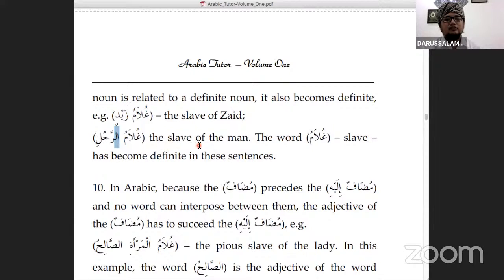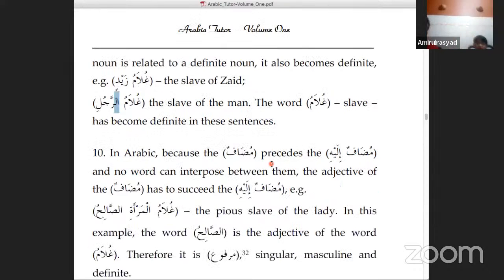Ar-rajuli is the man, but for ghulam you must say the slave. Why? Because the mudaf ilayhi is ma'rifah, so the mudaf will become ma'rifah as well. The word ghulam, slave, has become definite ma'rifah in these sentences. That's what it's saying.